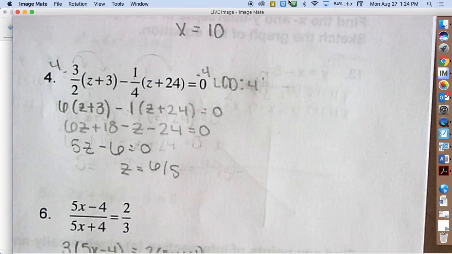Then you distribute the 6, so you get 6z plus 18. And then you distribute the negative 1, so then you get negative z minus 24. And then you combine all the like terms and get 5z minus 6 equals 0. And then you take the 6 over and then divide by 5 and get z equals 6 divided by 5.